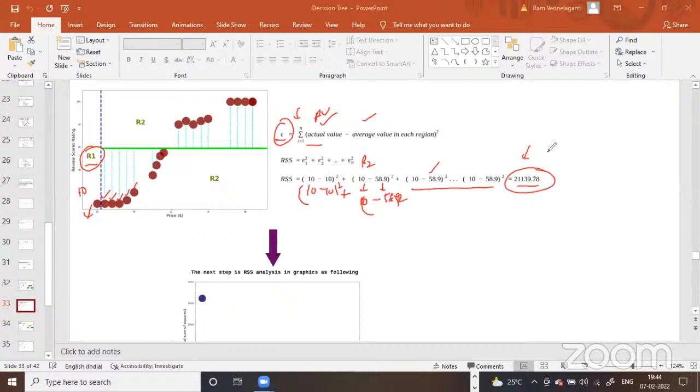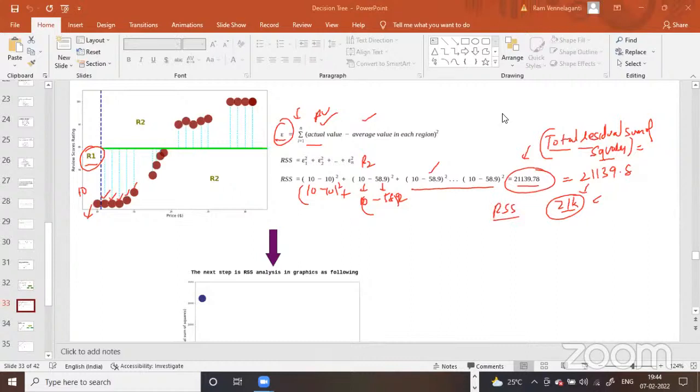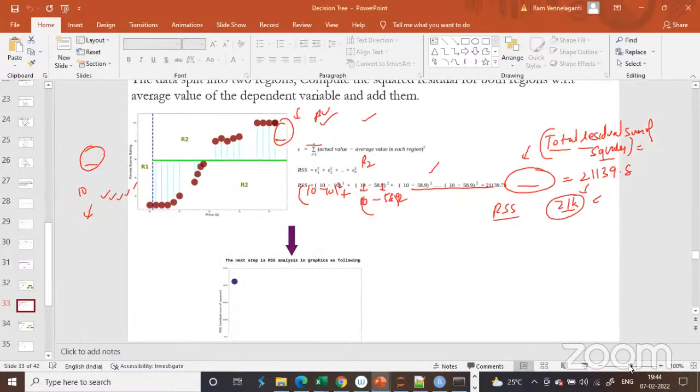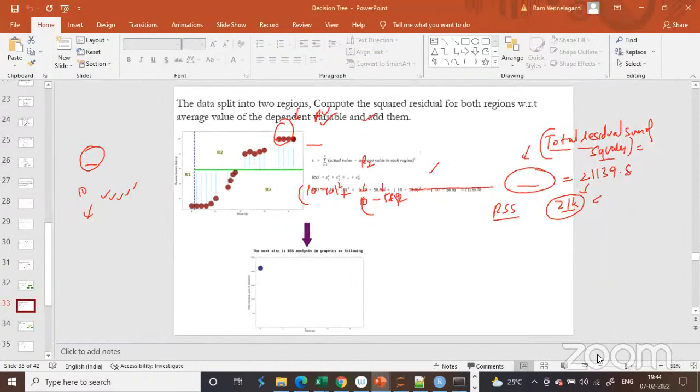And this will be equal to our total residual sum of squares. So what is the total value that you are getting? 21139.8. So 21,000 is the value of our residual sum of squares. So you can visualize it like this. For price at 10, what is your residual sum of squares?